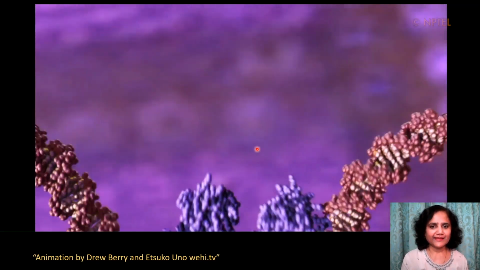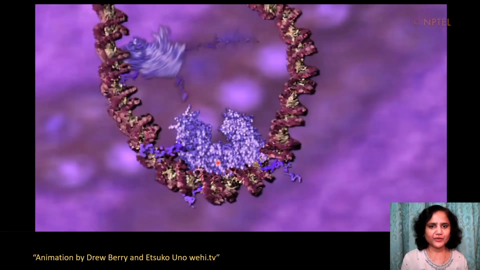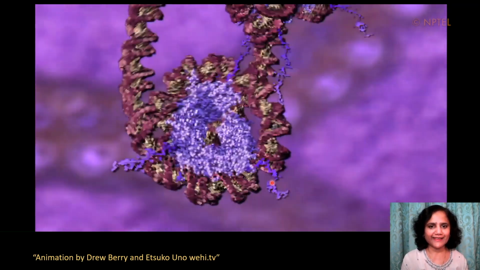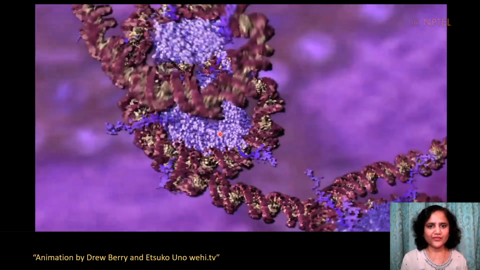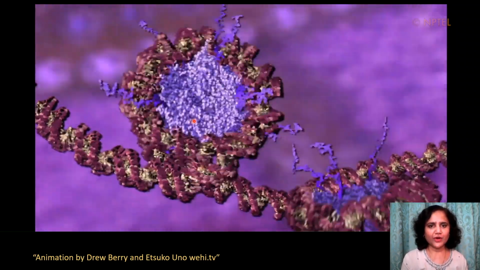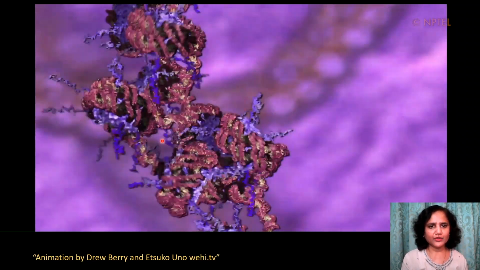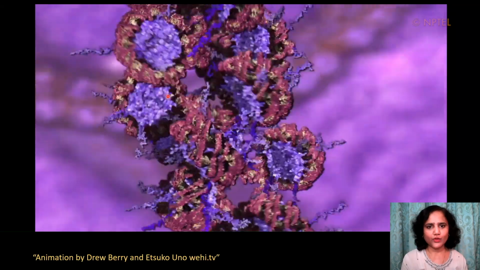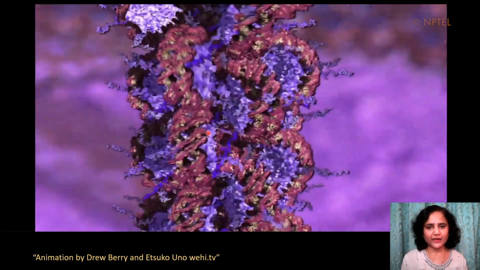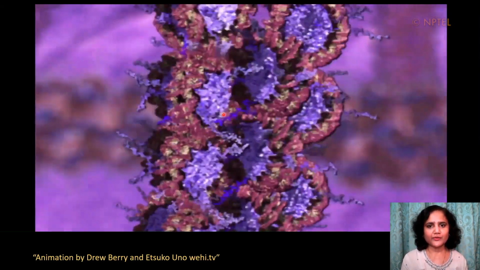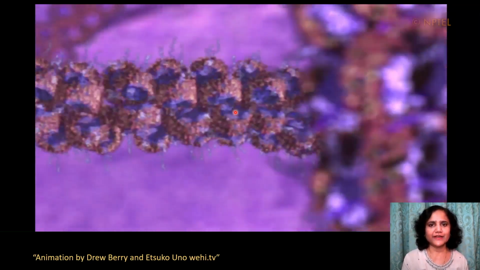So here's a bunch of histone proteins. You can see the tails hanging out, the other half of this. So now you have the octamer and the DNA wound around it. And you can actually see the zigzag folding of the 10 nanometer fiber, and you can see how it comes together to form the 30 nanometer fiber.